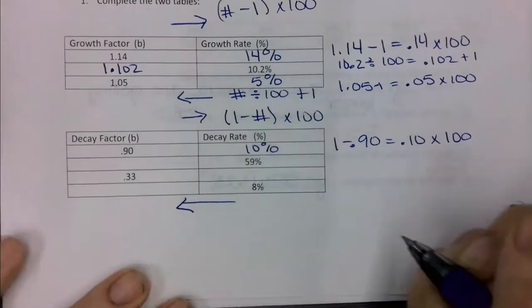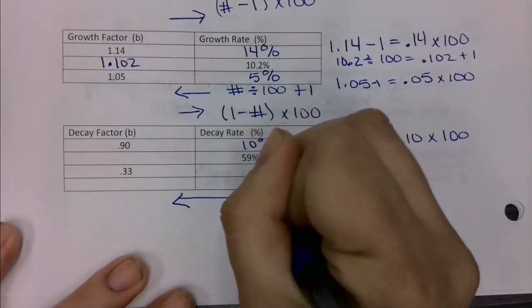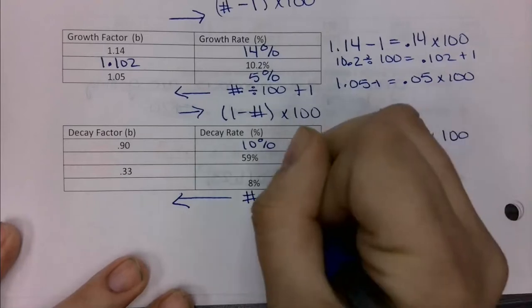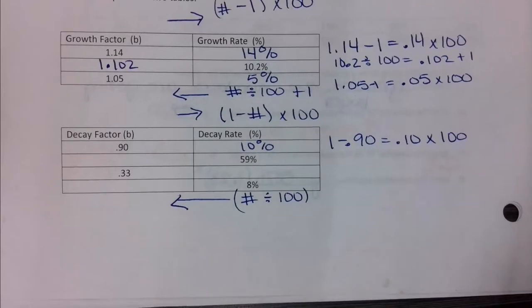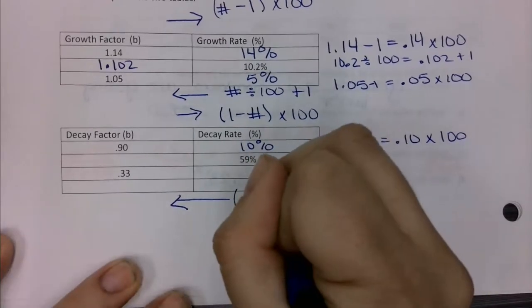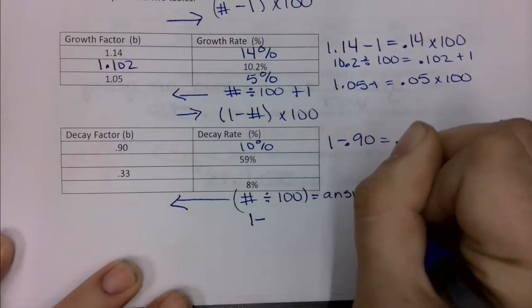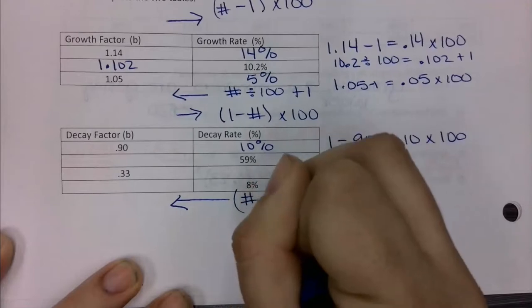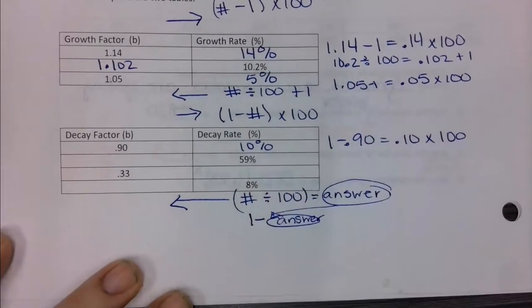Going the other way, I'm going to take my number, divide by 100, and then I am going to take 1 minus this answer. Okay.